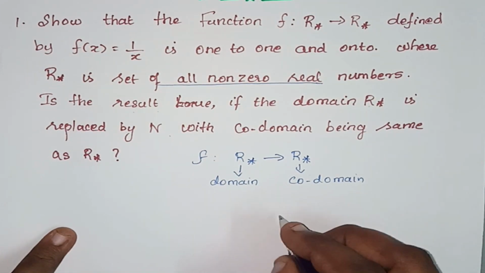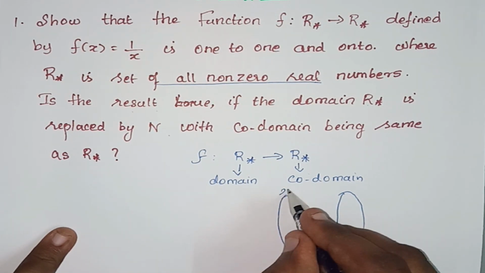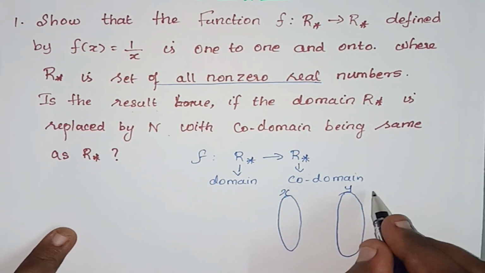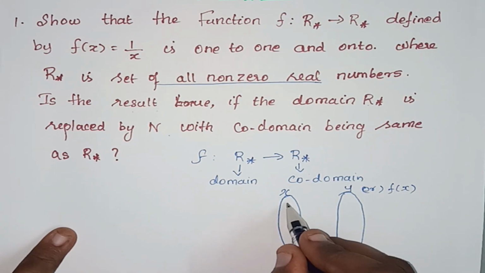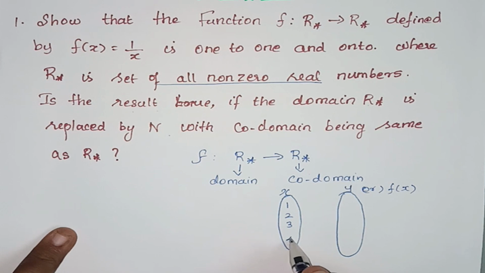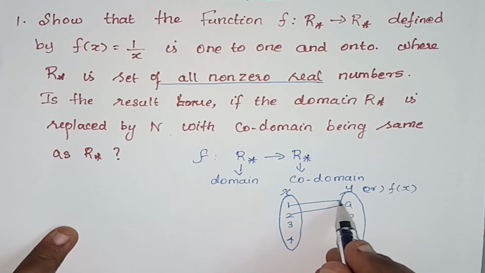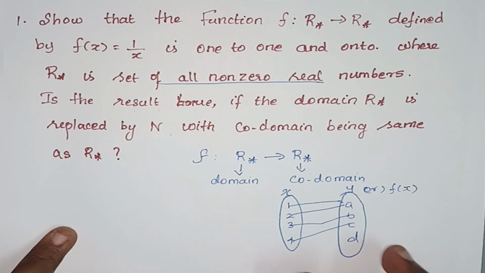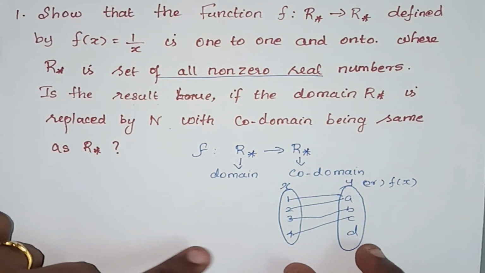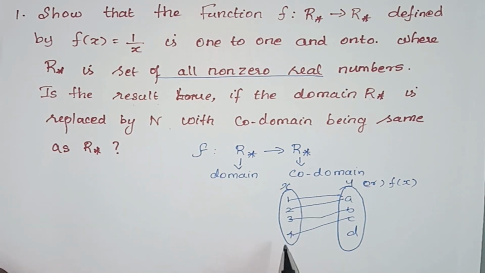For example, I am taking one function. This is x, this is y, or f of x. In this, x consists of 1, 2, 3 and 4, and y consists of A, B, C and D. They are paired: 2 with A, 3 with C, 3 with B, 4 with C. I am taking this as an example of a function. Here, what is the domain and what is the codomain?